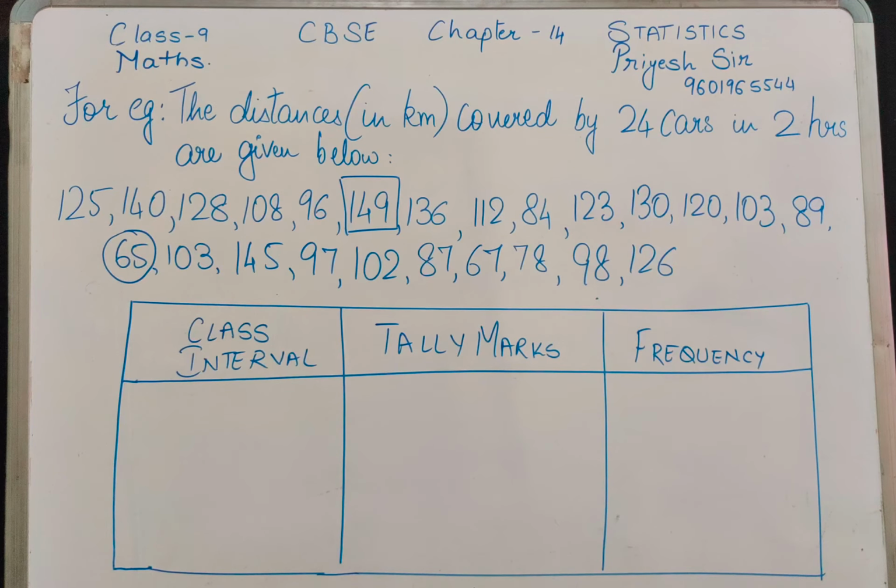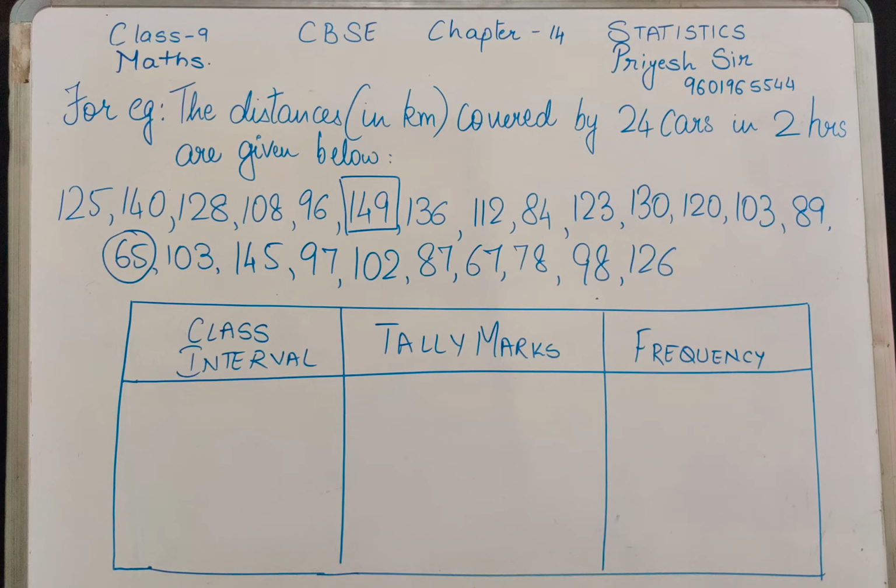So the range between this data will be 149 minus 65. So the gap between the largest and the smallest number is nearly 84, rounding up to 90. If we prepare 6 groups of 15 each, we get 6 groups like that.